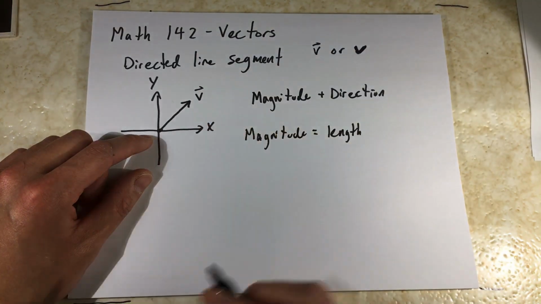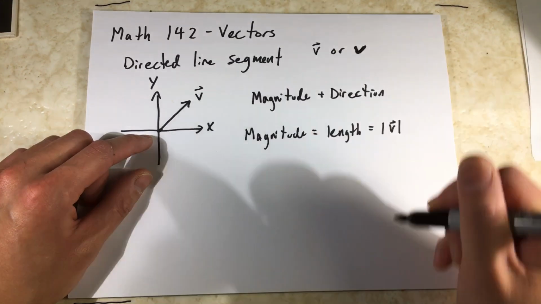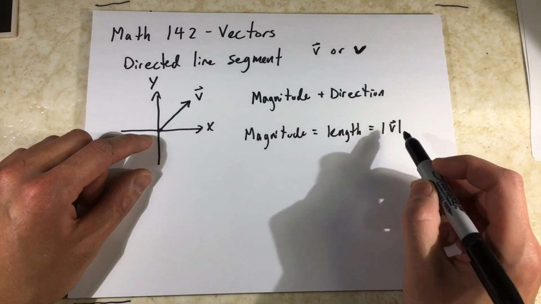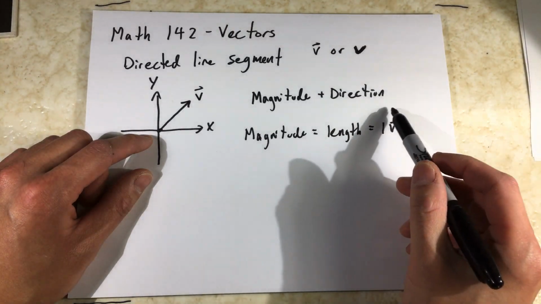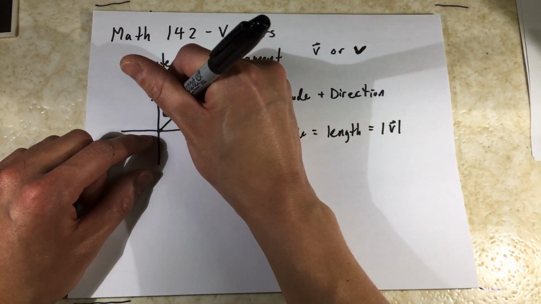So the length of the vector represents its magnitude, and if you just want to show its length without its direction, the magnitude without direction, you put the vector inside these absolute value marks. This is just a notation for meaning just the magnitude of the vector. So this would be the length of the vector.